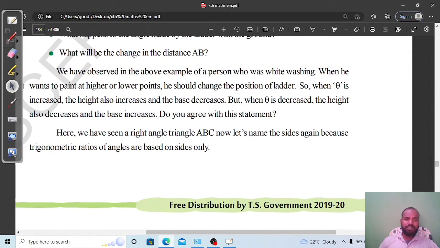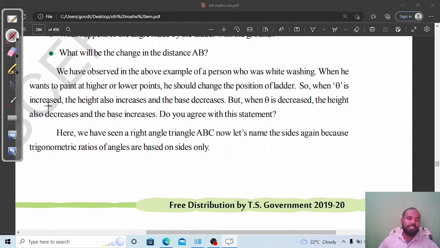So we have observed in the above example, the person who was whitewashing, when you want to paint at higher or lower points, you should change the position of the ladder. Yes. So when theta is increased, the height also increases, base decreases. Note this point.